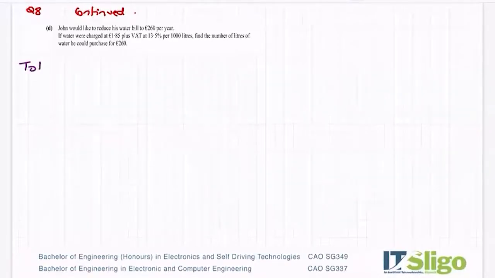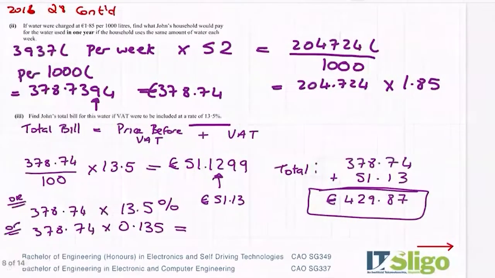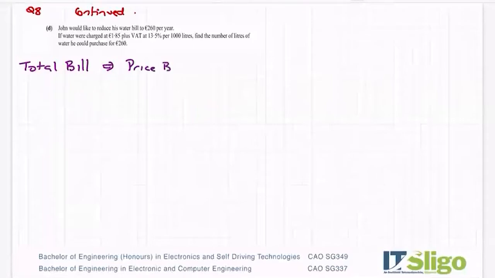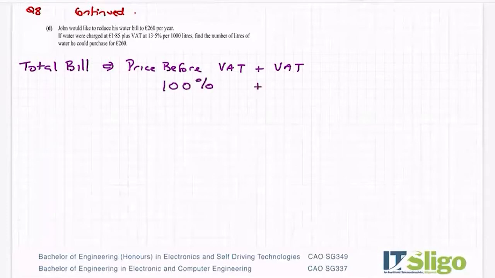So when you get a total bill, if we work back on what we said a minute ago, it's price before VAT plus the VAT. Now if I talk in percentages, that is 100%, which is the price before VAT, plus our VAT.